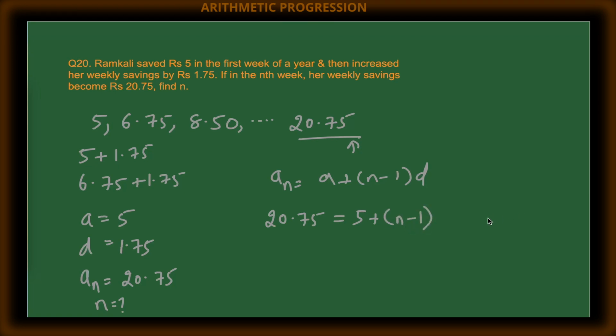And what is the value of d? d is given as 1.75. So 20.75 minus 5 comes here, n minus 1 into 1.75. 20.75 minus 5 becomes 15.75, equal to n minus 1 into 1.75.